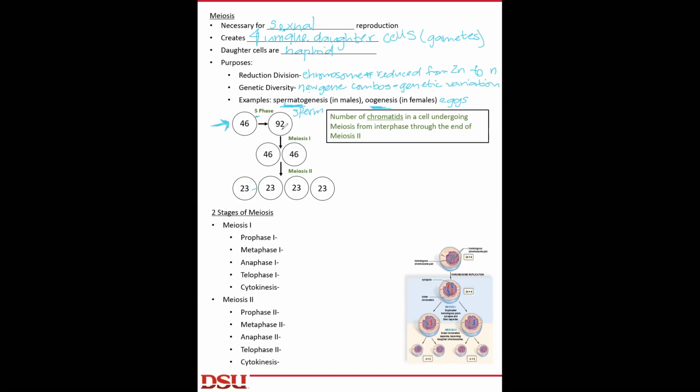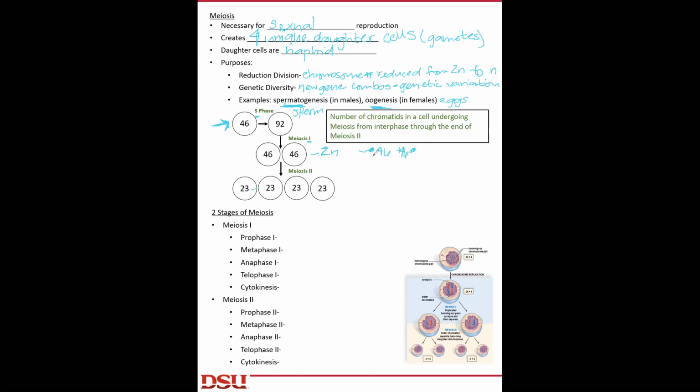This cell is going to divide. And this first division process is called meiosis 1. Notice it puts us back at a diploid number of 46, right? So this is diploid. That's a 2, it just doesn't look like it. We know that that's not going to work because what happened if we had a sperm cell that had 46 chromosomes and an egg that had 46 chromosomes?